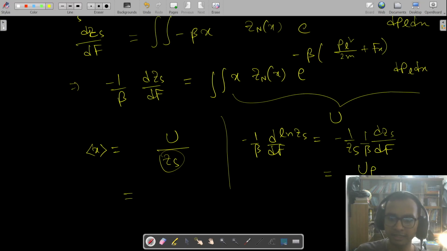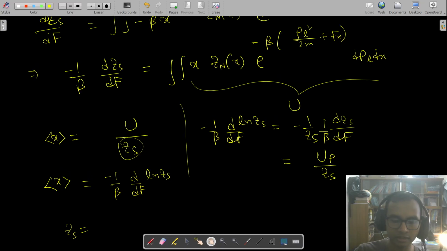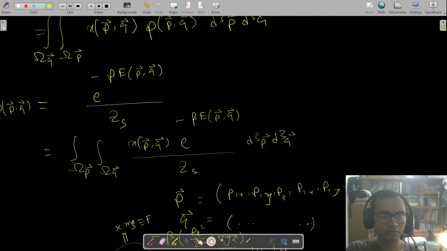So this is basically this quantity. So x average is minus 1 by beta d/df of ln Zs. Now we know what Zs is. We've seen it before. We copy paste it for convenience.